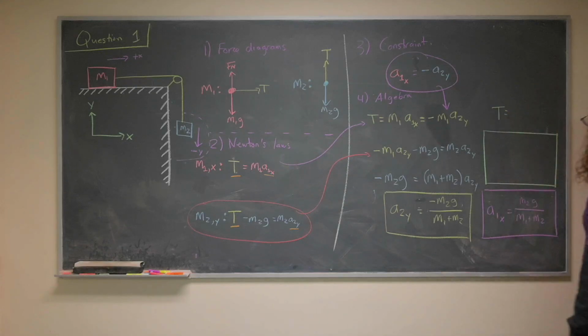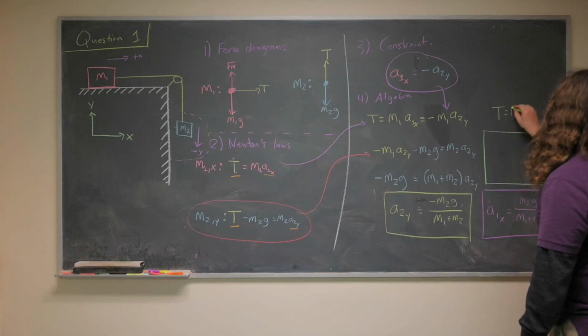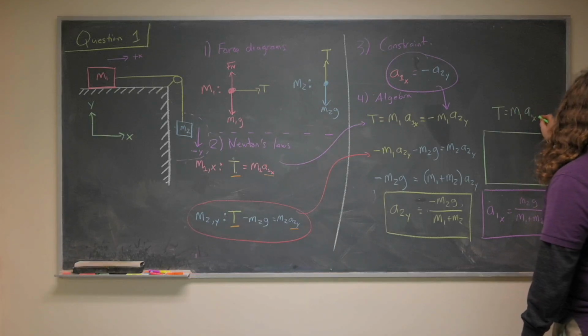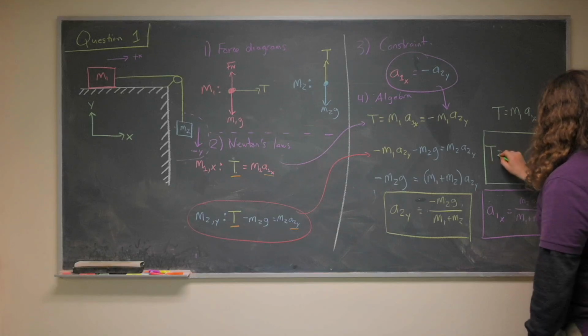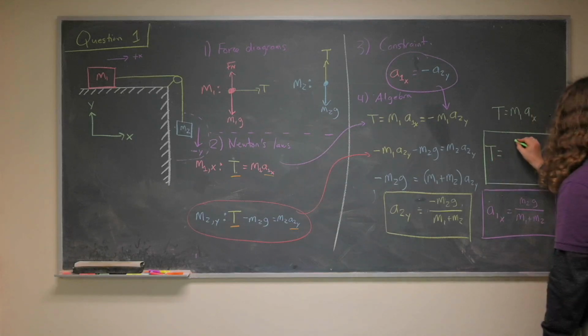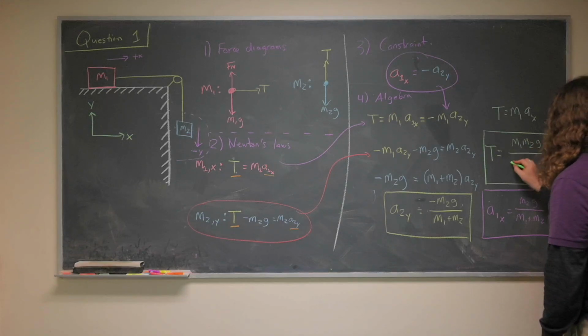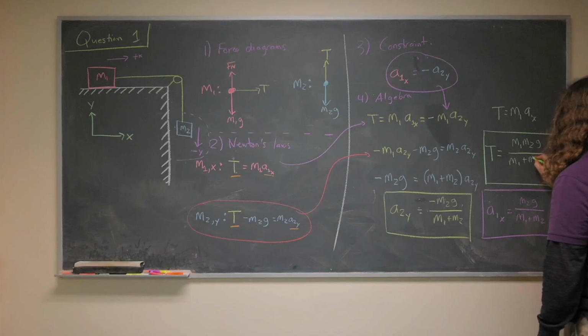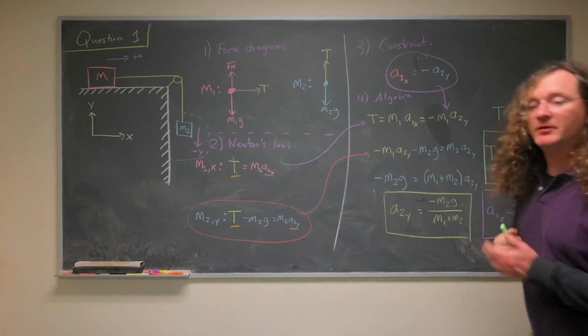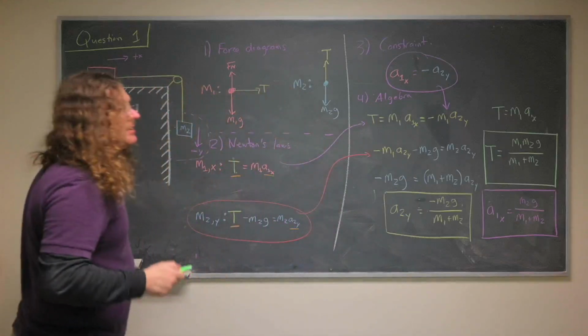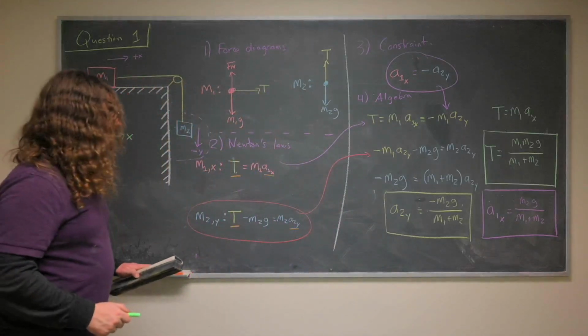T equals m1 a1x. So T is just this times m1, which is m1 m2g over m1 plus m2. So that's the result for part A. So I've got my results for part A.